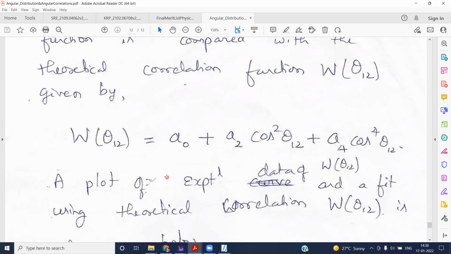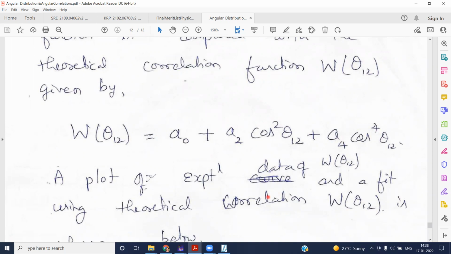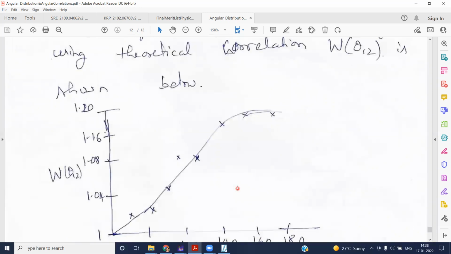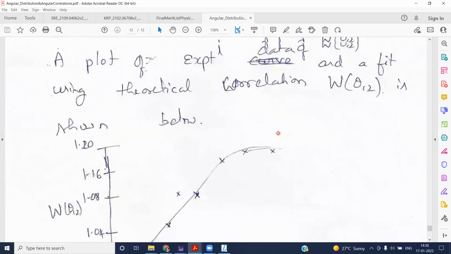If I plot experimental data of W12, what is W12? It is the number of counts at different theta 12 values. At different angles theta 12, you will find different counts. So that plot will reveal that it is a function which is given like this.